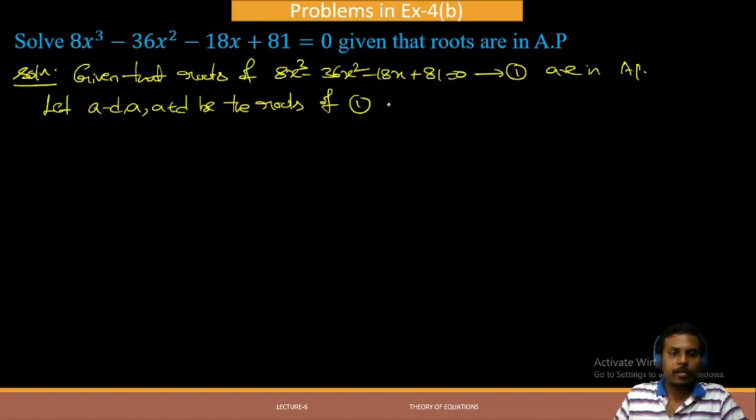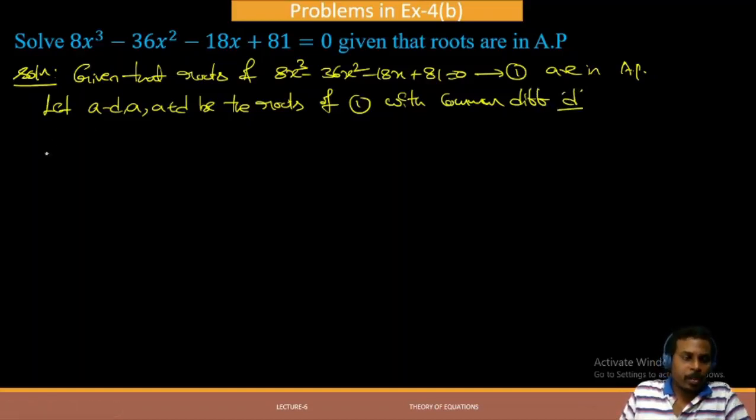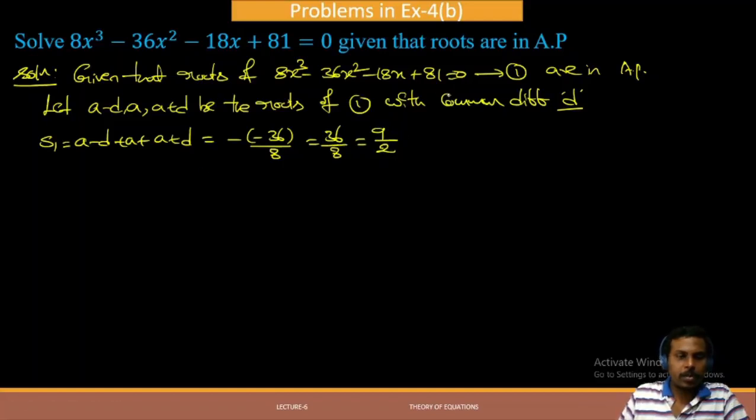Okay, now let us consider S1. S1 is equal to a minus d plus a plus d is equal to minus of minus 36 divided by 8. So 36 divided by 8 is equal to 9 by 2.